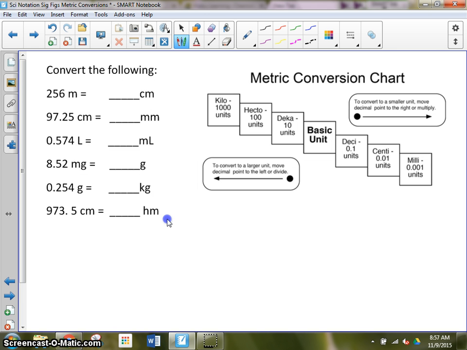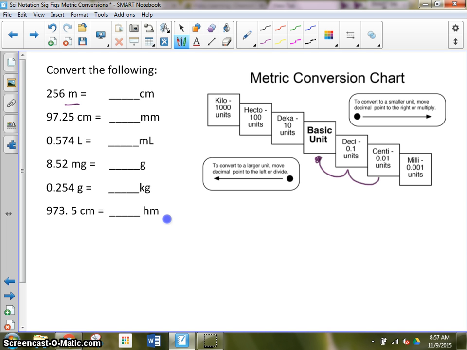In your right-hand column, you'll want to follow along with me as we do these examples. The way it works is I'm going to start with whatever is my given unit, meters. I'm going to find that place on the conversion chart. Next, I'm going to count how many places I move to get to the unit I want to be at.